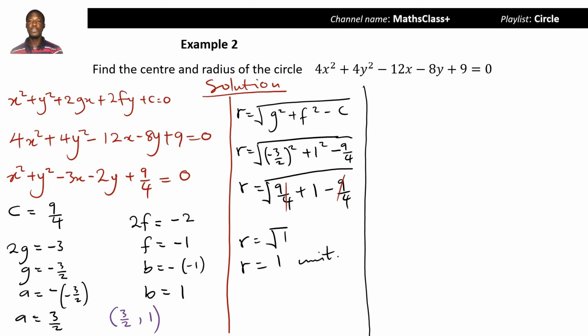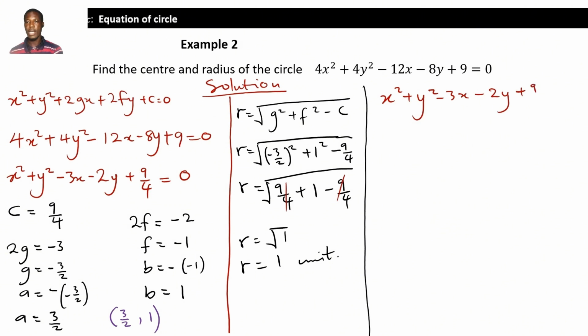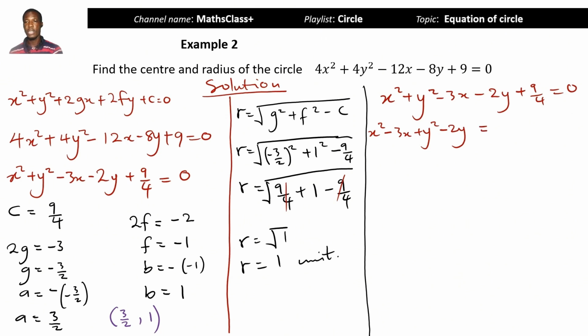And then if we are going to use the second method, that is the method of completing the squares, we also keep the simplification x squared plus y squared minus 3x minus 2y plus 9 over 4 is equal to 0. So we will rearrange them as x squared minus 3x plus y squared minus 2y is equal to 9 over 4.